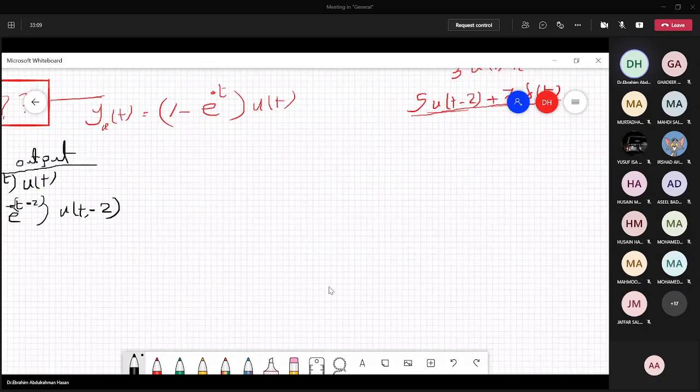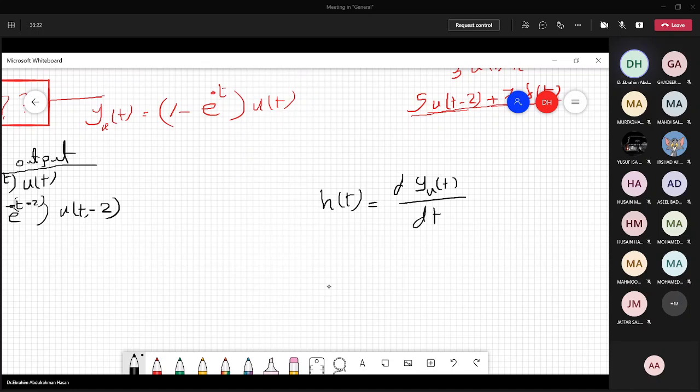So h of t, the output when the input is equal to delta of t, is equal to d by dt of y_u, which is equal to 1 minus e to the power of minus t, u of t.